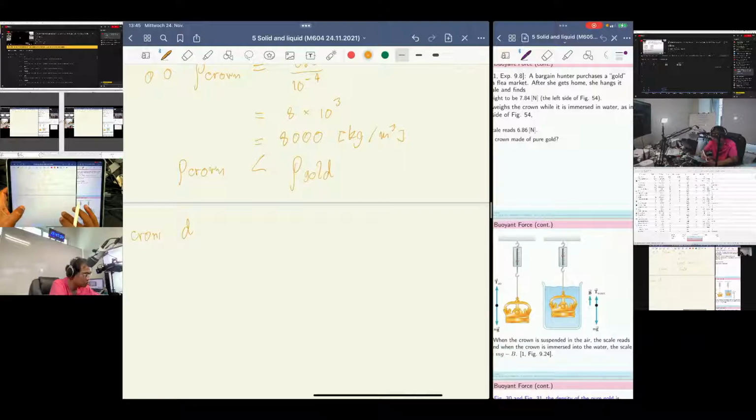It may contain some hollow, some air bubbles inside. So that's why you can save the amount of gold. And it could not be observed by eye, except that you have a special microscopic camera or something like that.